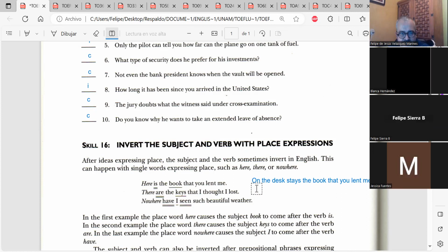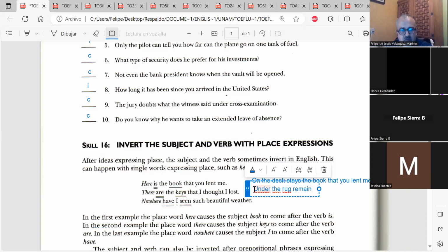Just for teaching benefits. Okay, so here we have, there are the keys that I thought I lost. If we use a parallel structure and we substitute there for under the rock, and I use as a synonym of are, for example, stay, appear, another one, stay, remain.